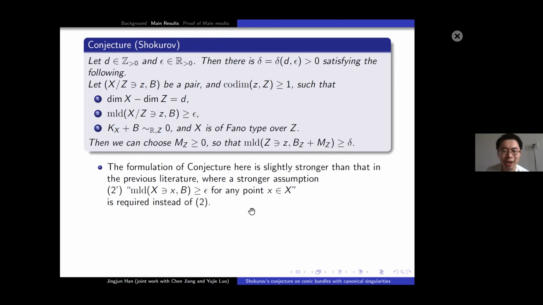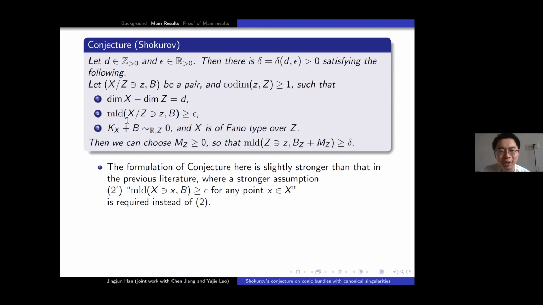So here is our formulation of this conjecture. It is slightly stronger than the formulation of Shokurov's conjecture in the previous lecture. In the previous lecture, people usually, for example in Birkar's paper, were only interested in the usual pair setting, not the relative pair. Here the assumption on the MLD of this relative pair replaces the usual pair assumption.